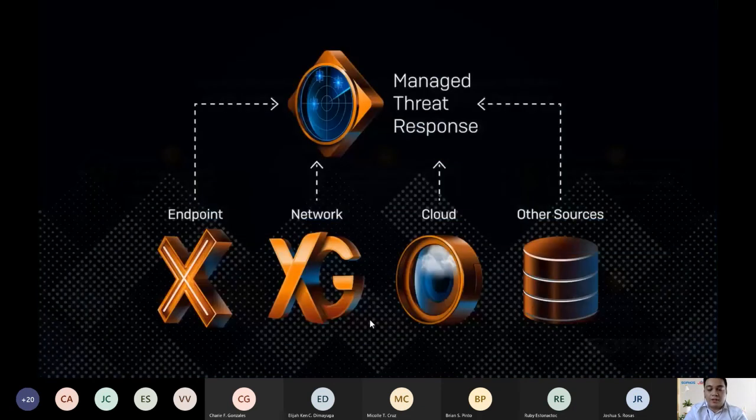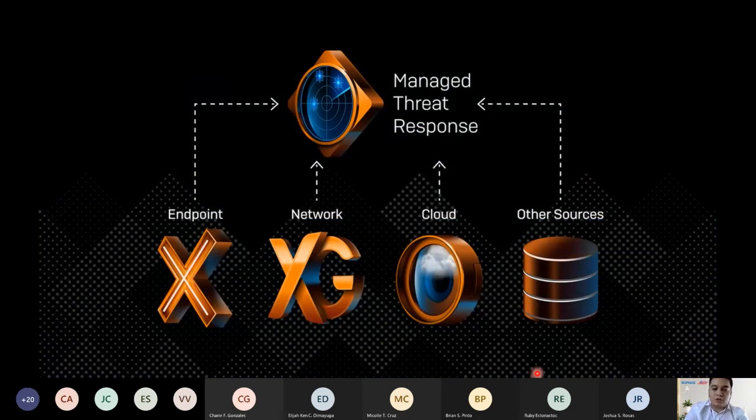Basically, this is just a visualization that MTR also has the capability to look into other datasets, not just from our Intercept X endpoint, but also from our firewalls, from our cloud security, and other sources as well, such as mobile security and email security.